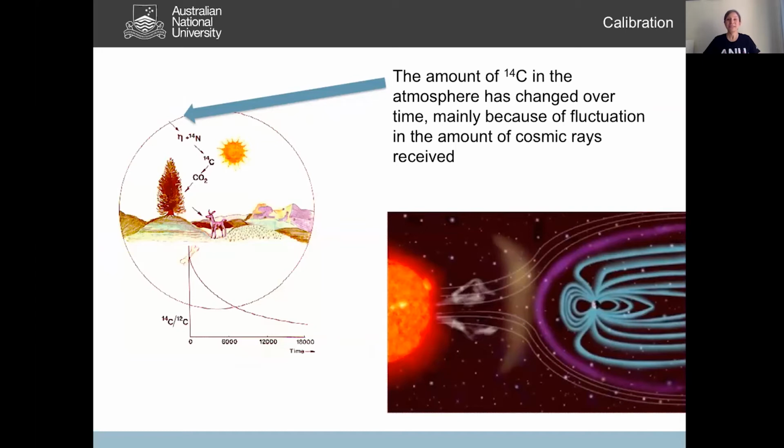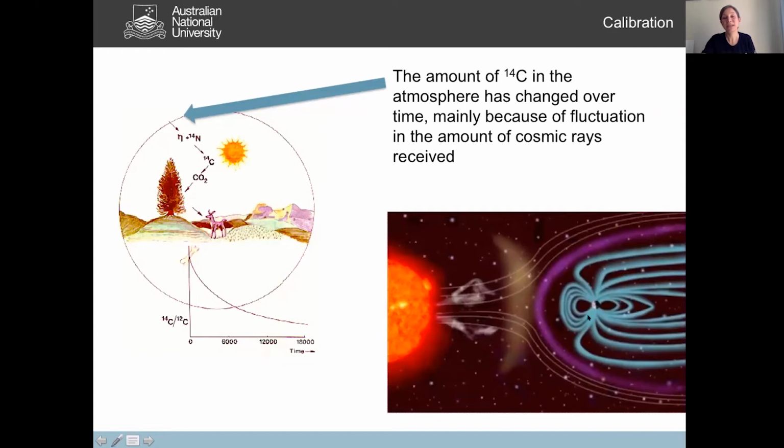It varies for a number of different reasons, but the main reason it changes is because of fluctuation in the amount of cosmic rays received in the upper atmosphere. And again, there's lots of reasons why these change. It might be due to changes in what's happening on the Earth's surface, on the sun's surface and the sun's activity.